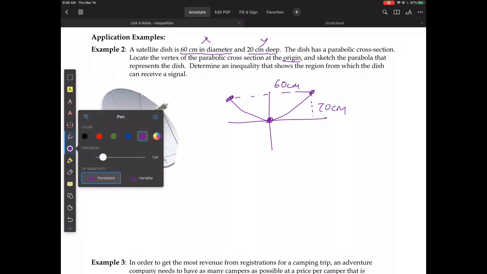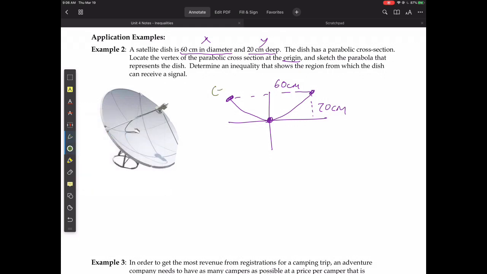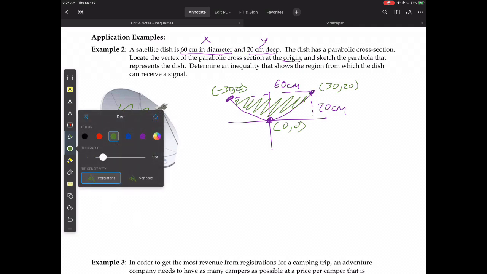I know that my points are going to be negative 30 and up 20, positive 30 and up 20, and 0 and 0 for the vertex right across the origin. If I want to determine an inequality that shows the region from which the dish can receive signal, well, it can only receive signal in here, which means that this is going to be the region in here where I can actually receive this signal.